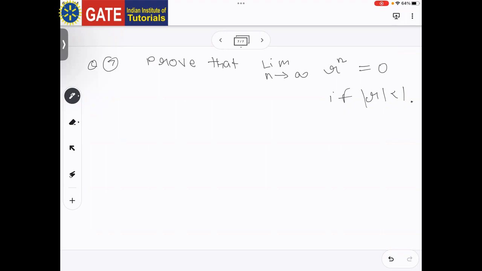That is, n is greater than the integer part of epsilon, 1/n. Let's see. So r^n is lesser than epsilon, but we have to take the modulus. So this is modulus of r^n is lesser than epsilon.